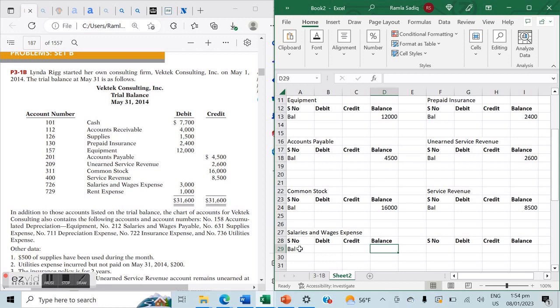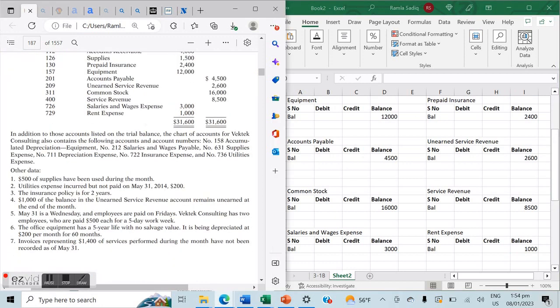So salaries and wages expense has a $3,000 balance. And lastly, we've got our rent expense. So rent expense has $1,000 in balance. Okay, so basically we've already translated our trial balance into our ledger, our opening balances on our ledger.